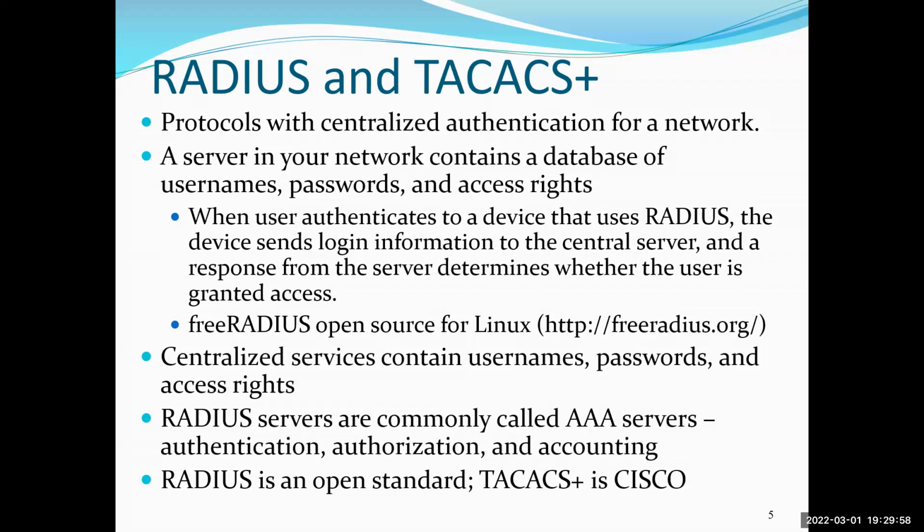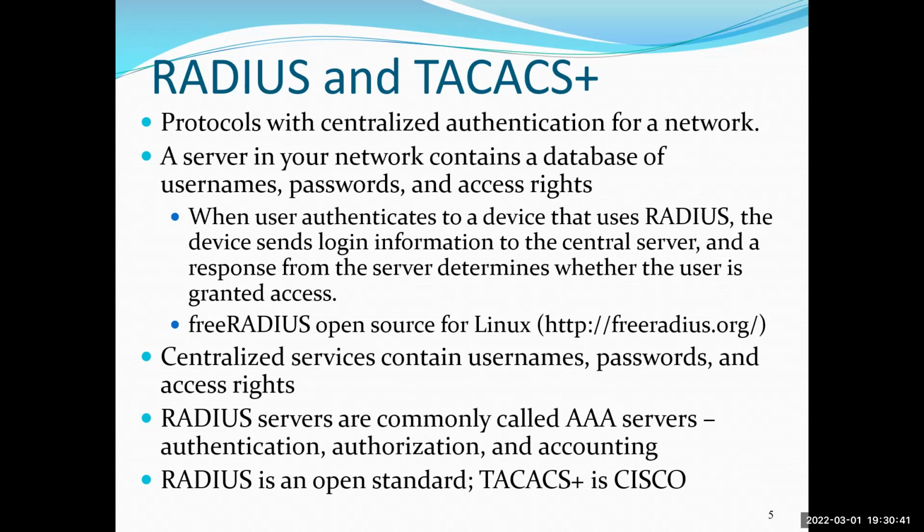These are protocols with centralized authentication for a network. A server in your network contains a database basically of usernames, passwords, and access rights. When a user authenticates to a device that uses Radius, the device sends login information to the central server, and a response from the server determines whether the user is granted access or not. And that's basically what's going to happen. You're going to come in from the outside of the firewall. You're going to hit the outside interface, and because it uses the outside interface on the ASA, let's say, it's going to be configured to use Radius.